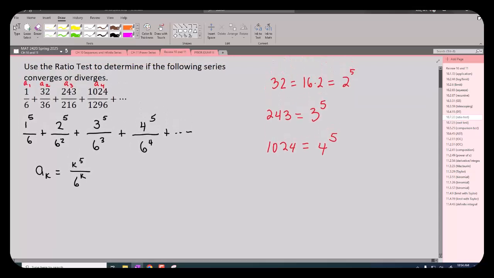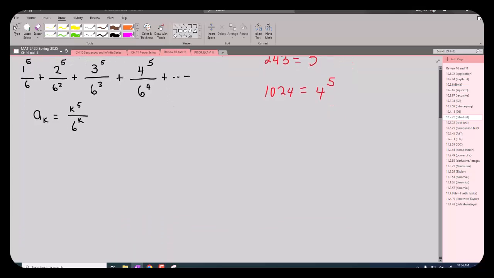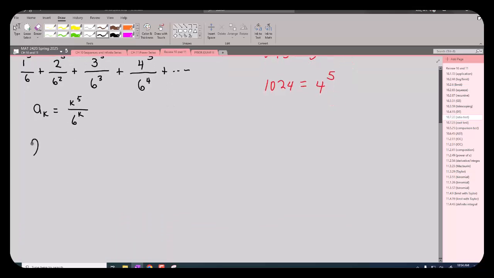All right. So use the ratio test to determine if this converges or diverges. So the ratio test says we are going to find r. Root test, they use rho. Ratio test, they use r. That's going to be equal to the limit of a sub k plus 1 over a sub k as k goes to infinity. And we're usually doing absolute value.